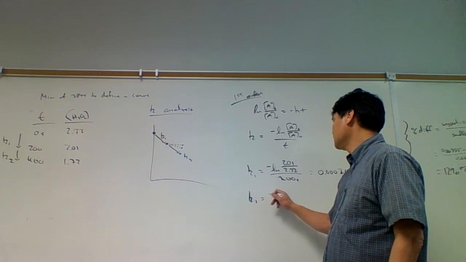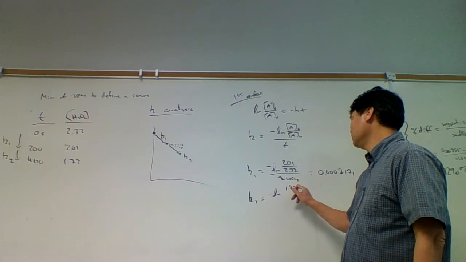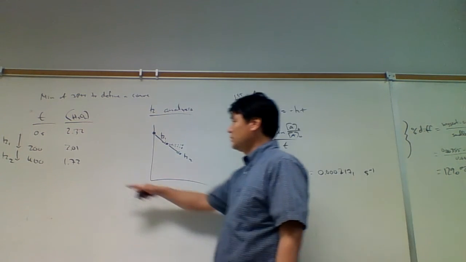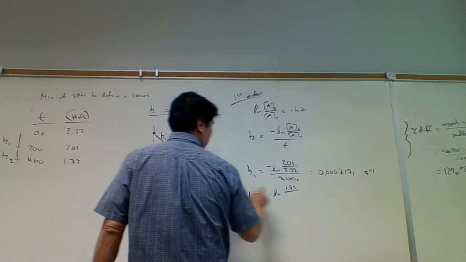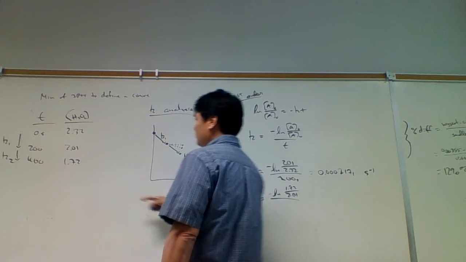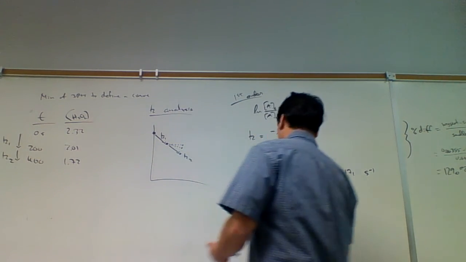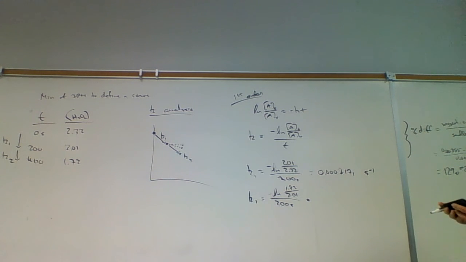K2, let's take that next time interval. It's going to be ln of 1.72 over the start of this second interval, 2.01, which is my A naught, divided by the time interval, 200 to 400, another 200 seconds. So 1.72 divided by 2.01, take the natural log of that, divided by 200.